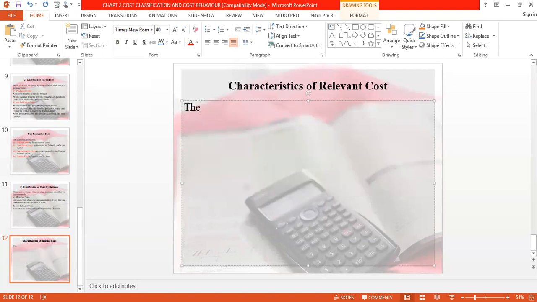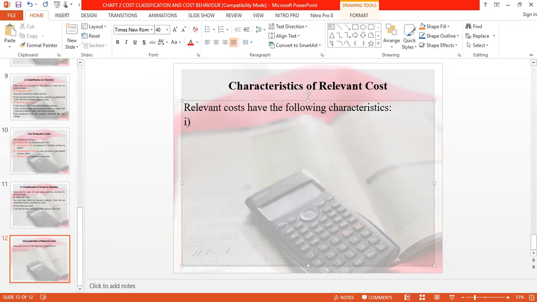Relevant costs have the following characteristics. Please read on this so that you understand what relevant costs are.